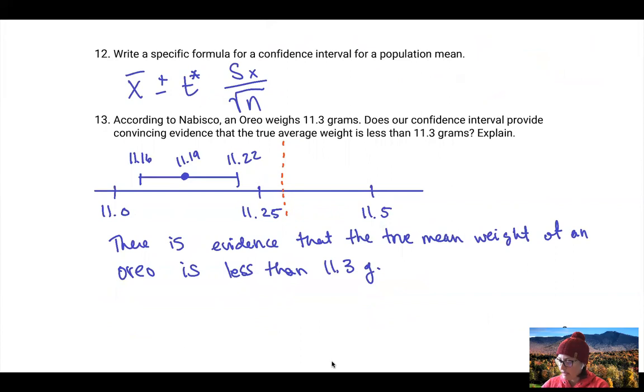And that's because our interval is below 11.3 grams.